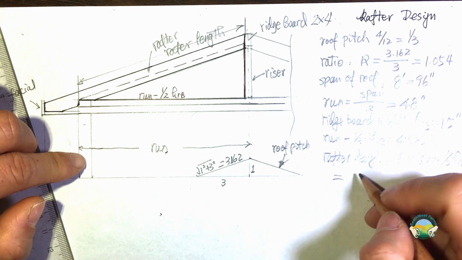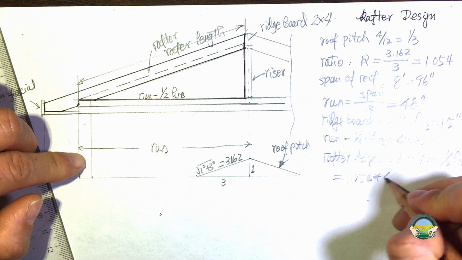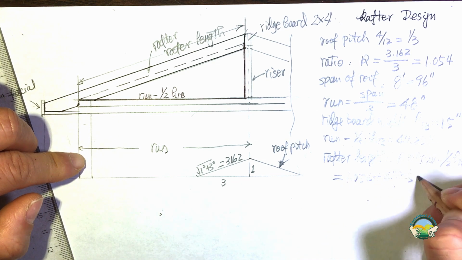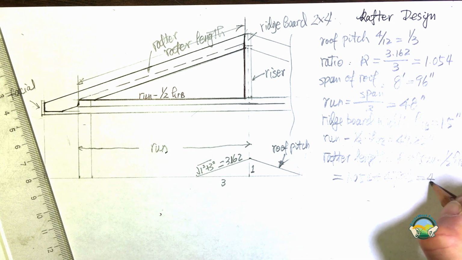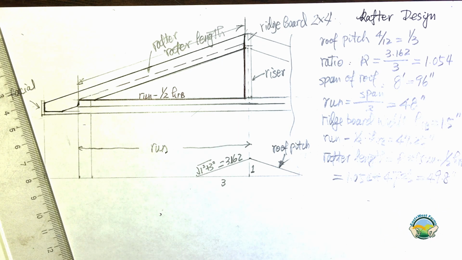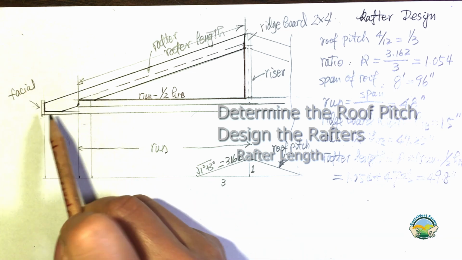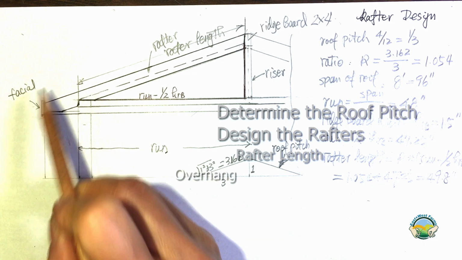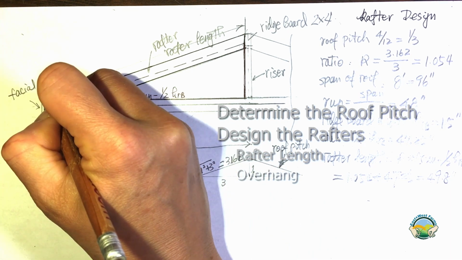So that gave me 1.054 times 47.25, and that gave me 49.8 inches. Once you determine that, then the next thing you want to determine is the overhang, and that is your choice, whatever overhang you want.